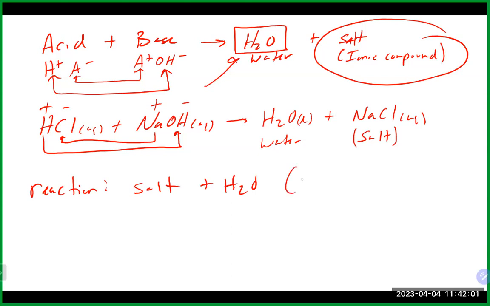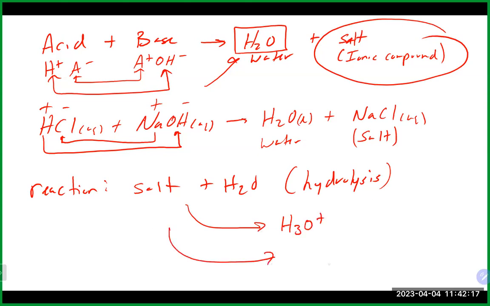And this type of reaction is sometimes referred to as a hydrolysis reaction, which basically means it involves water. And the result of this reaction may form H3O plus. In other cases, it may form some hydroxide. And in some cases, frankly, it won't do much in terms of the pH.